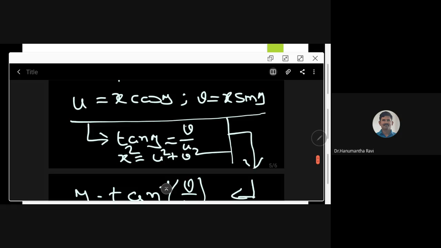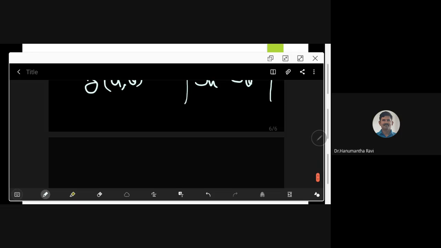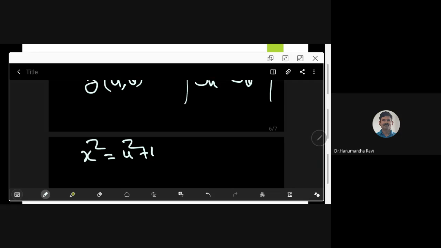So you can get dou x dou u here also. How? When x square is equal to u square plus v square, can I get dou x dou u? You can get. You have x square is equal to u square plus v square. That implies, applying dou by dou u on both sides, 2x into dou x dou u is equal to 2u.